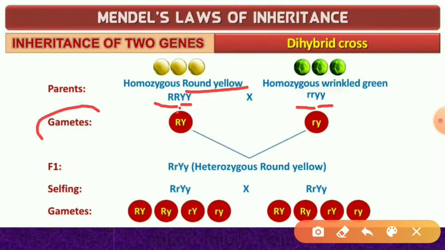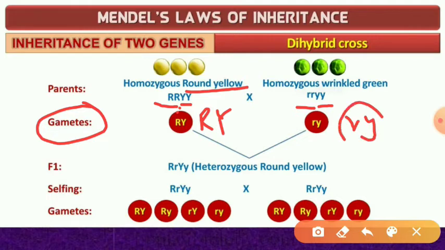Now the gametes produced in the F1 generation are capital R capital Y from one parent, and small r small y from the other parent.